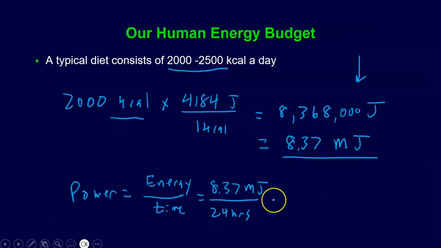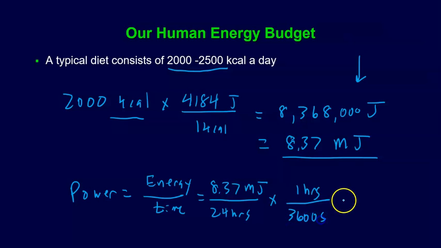Now, to get this into watts, what we're going to want to do is convert hours into seconds. And that's something that we've done before. So we know that 1 hour is 3,600 seconds. And so the hours will cancel, and we'll get megajoules divided by seconds.